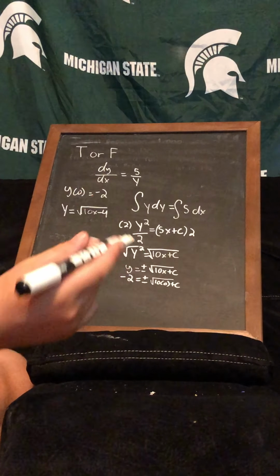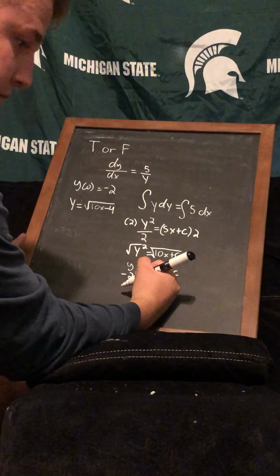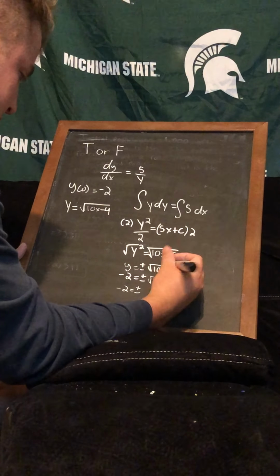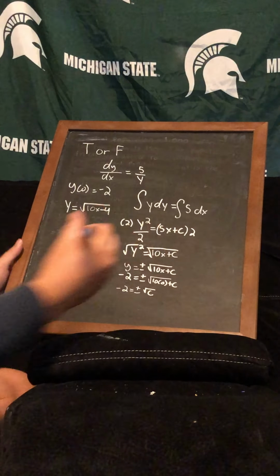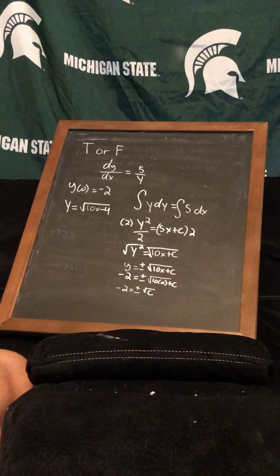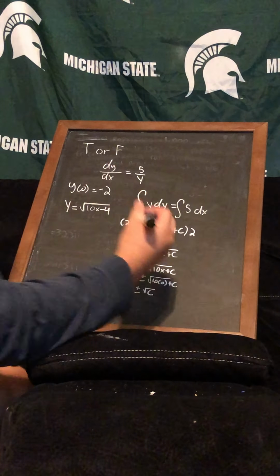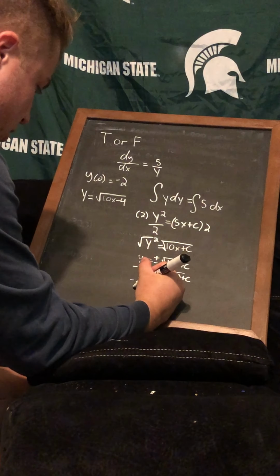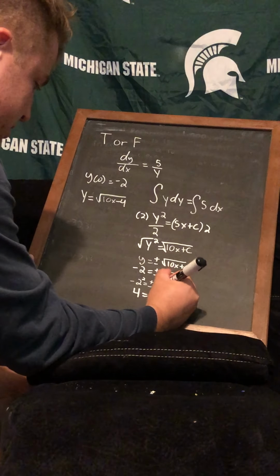So what you are now going to get is negative 2 equals plus minus square root of c. From here, you are going to square both sides, which gives you 4 equals c.